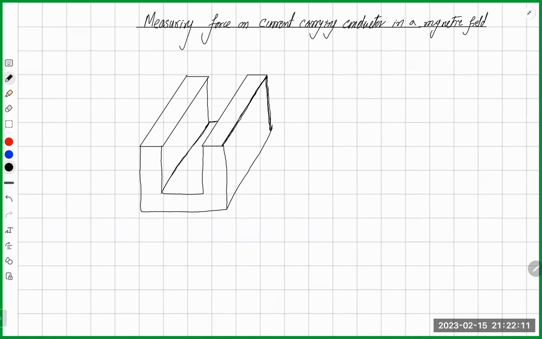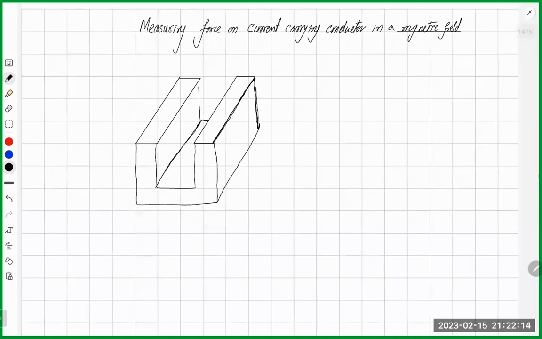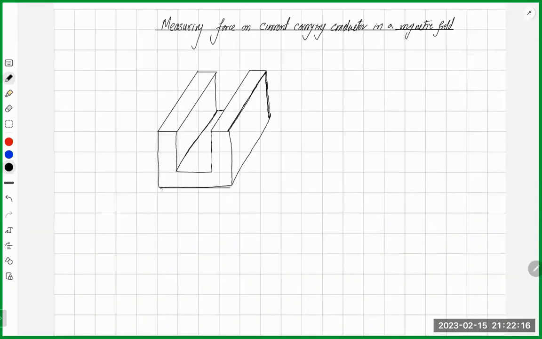Now, this is a strong U-shaped magnet. I'm placing it on top of an electronic balance.